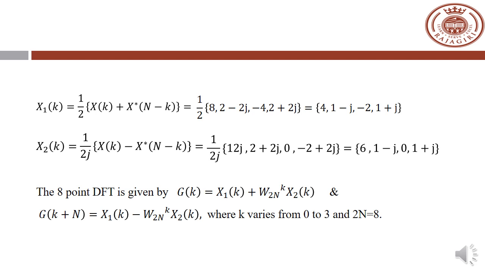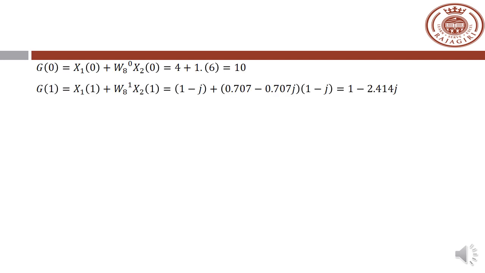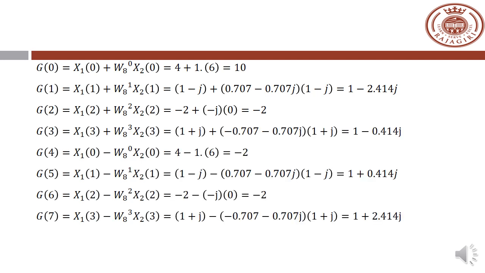Here, k varies from 0 to 3 and 2N is equal to 8. So when we substitute k values from 0 to 3 in both the equations, we get the DFT samples G0, G1, G2 up to G7.